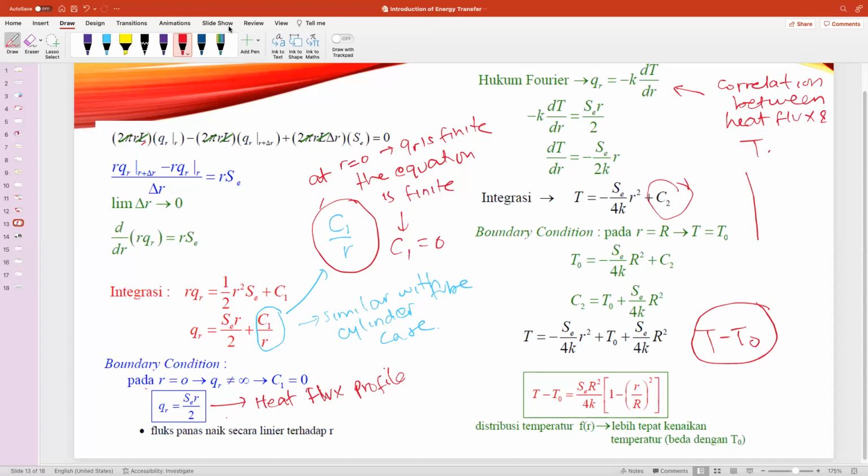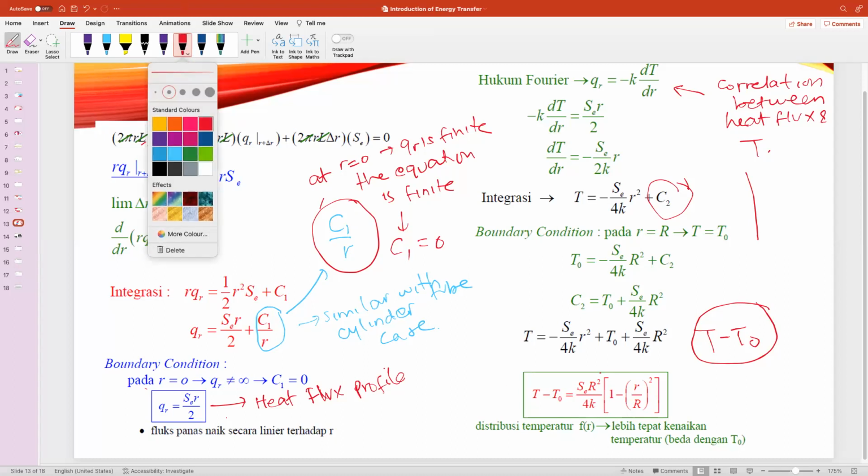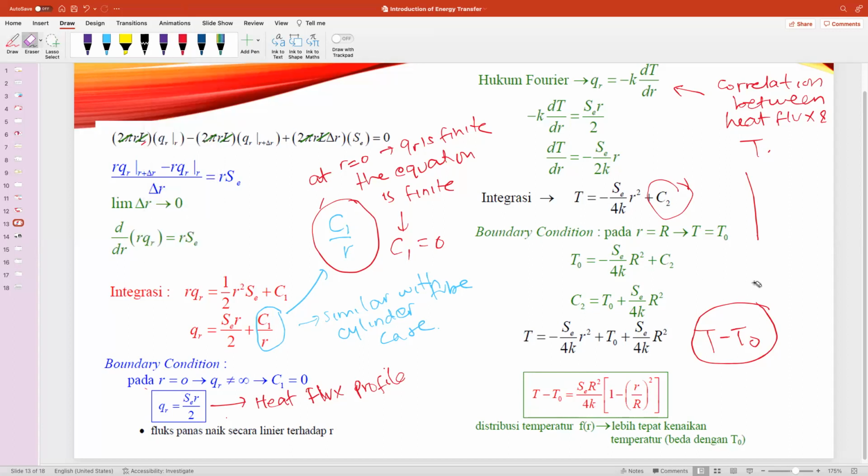So because of the heat generation here, you will have this temperature difference. Let me try to draw it myself.